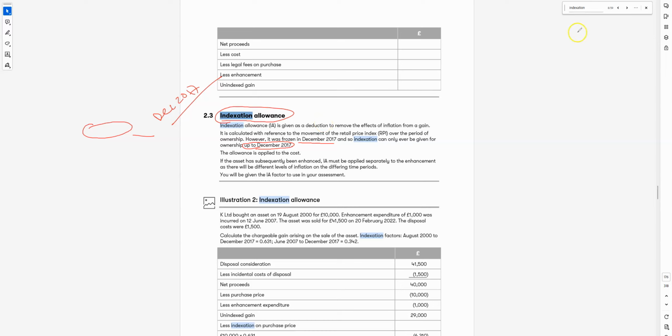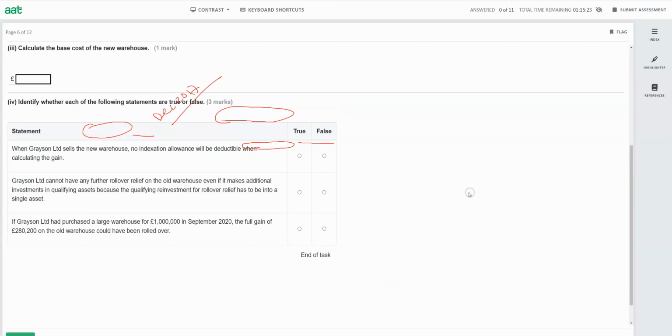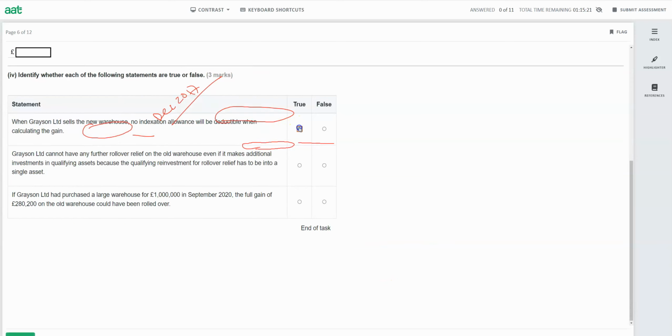Anyway, now we go back to our question. And here we will say that it is true. The reason it is true is because the asset was bought after December 2017, and when you sell it, we're not going to get any indexation allowance for that.